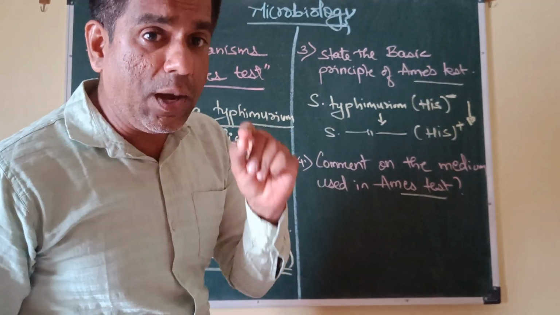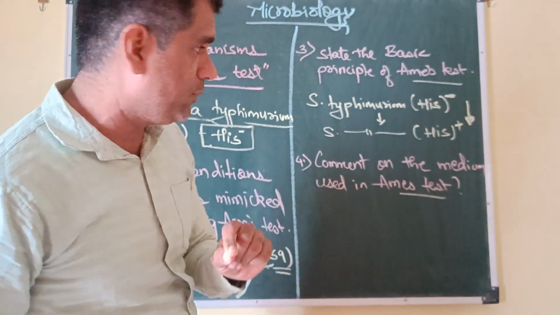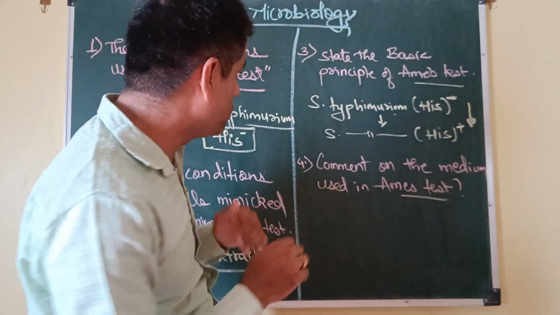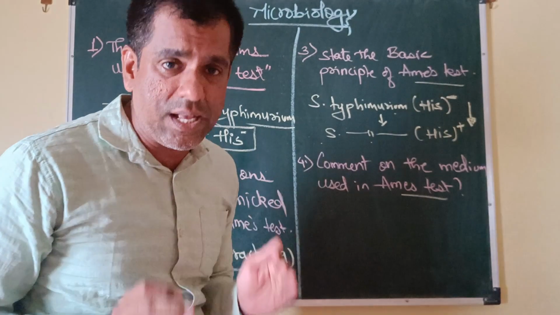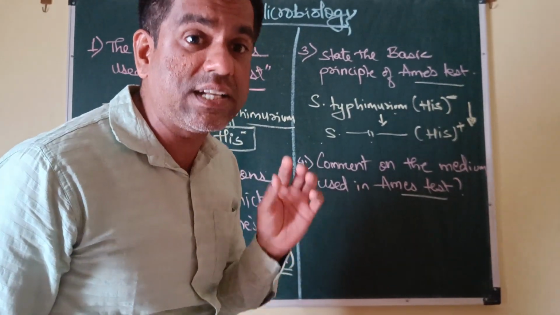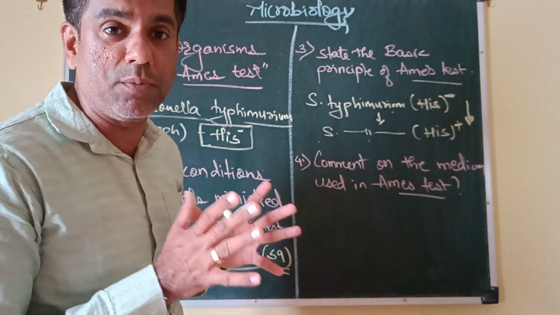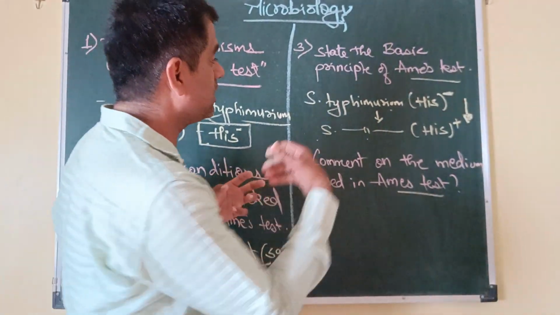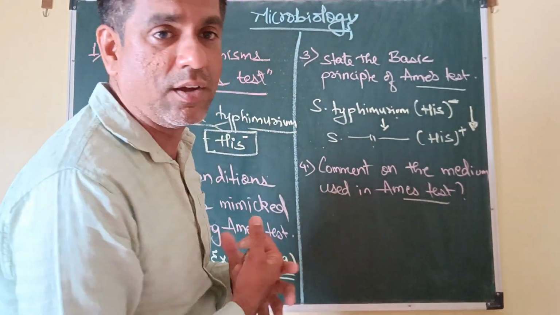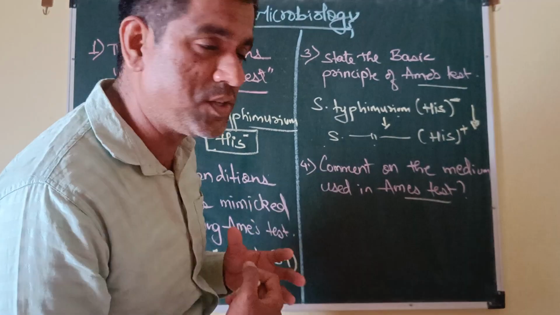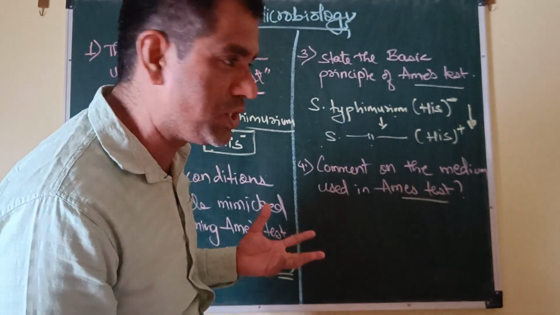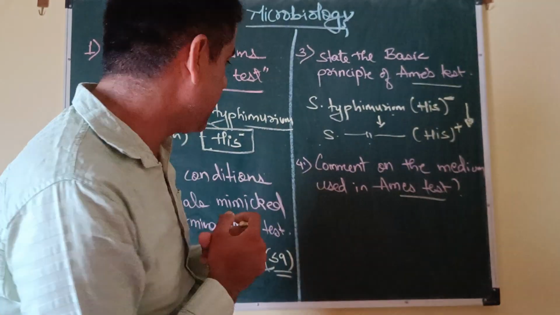So if a particular compound can cause a mutation reverting S. typhimurium histidine minus to histidine plus, it is a potential mutagenic agent and hence a potent carcinogen. That is the basic principle, where we check whether this histidine auxotroph is reverted back to its wild type prototrophic variant, that is histidine positive. If it is a mutagen, it is probably a carcinogen, right? That is the basic principle behind the Ames test.